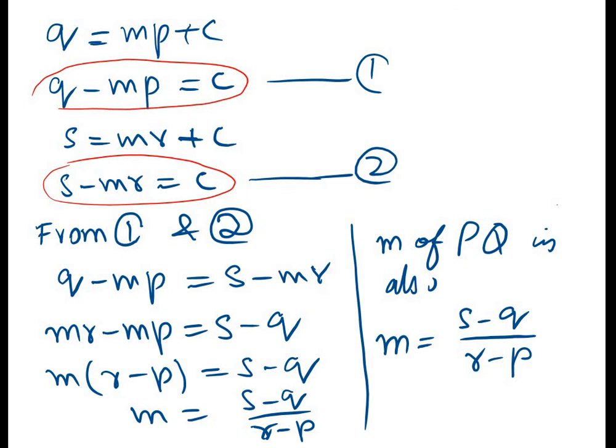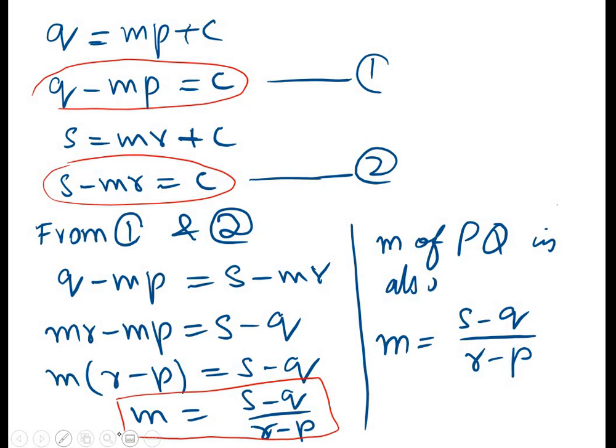From 1 and 2, they're both c, so we can compare. So q minus mp is equal to s minus mr. We simplify it: we have s minus q equal to m times (r minus p). So m is equal to (s minus q) over (r minus p).